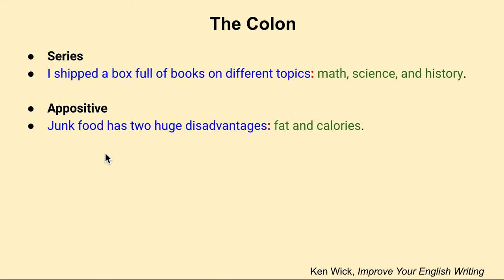Colon, fat and calories. I just want to point out this is an appositive. This appositive, fat and calories, is naming the 2 huge disadvantages. But remember, we use a colon when we have an independent clause and then a following appositive. In this case we do, so we put a colon between them.